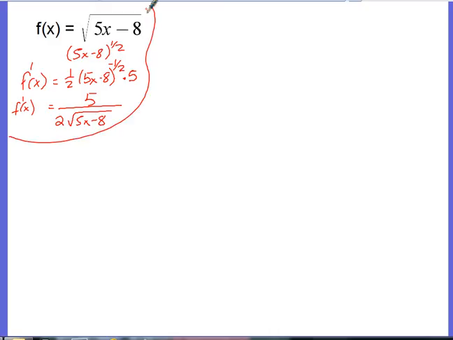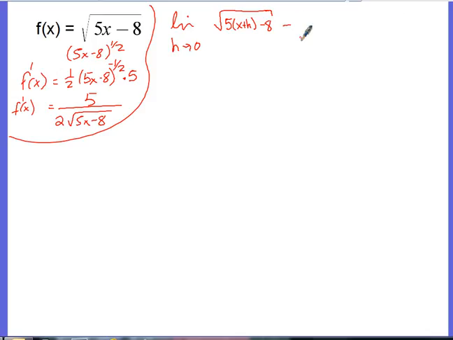Okay, so that's my answer. I know my answer. Now let's do the fun way. Okay? So, for my fun way, it's a limit as h approaches 0 of what? And I am not going to switch this to an exponent. I'm going to leave it as a radical. So what would it look like? You with me?